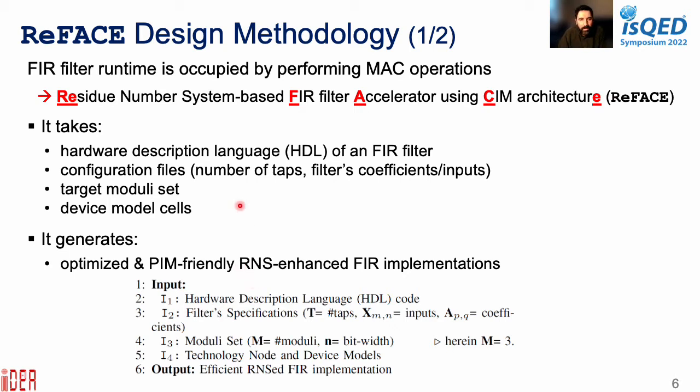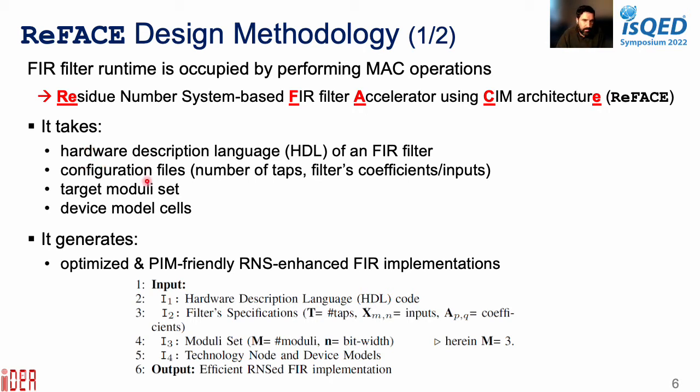So we came up with this design methodology to co-design efficient RNS digital FIR filters using PIM architecture. We call it ReFACE. We utilize RNS multiplication, accumulation, and also customize PIM architecture to accelerate those operations in FIR filters.